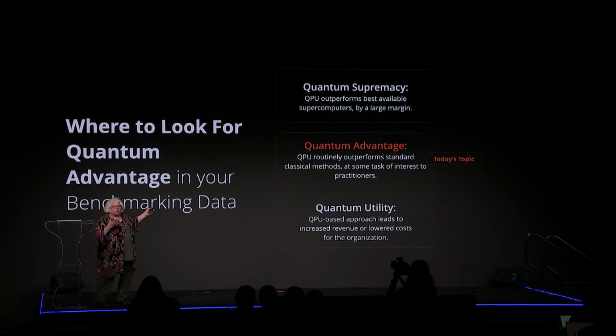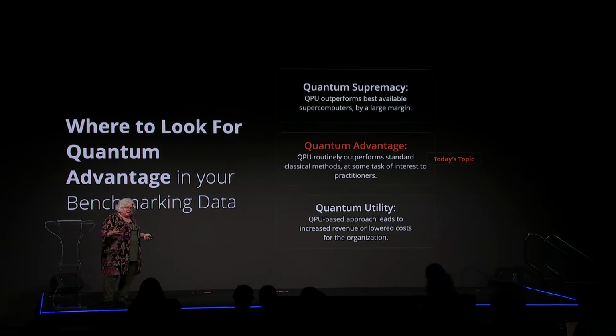Somewhere in between quantum supremacy and quantum utility is where I would put quantum advantage. It's a demonstration, with a paper written about it, that the quantum processor does a task better than the best reasonable alternatives under reasonably realistic test conditions.